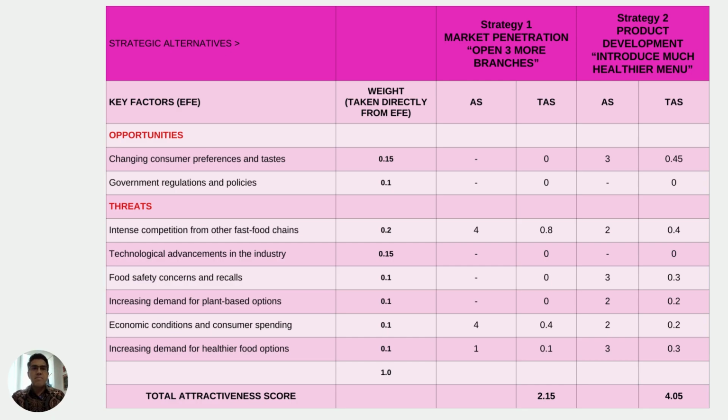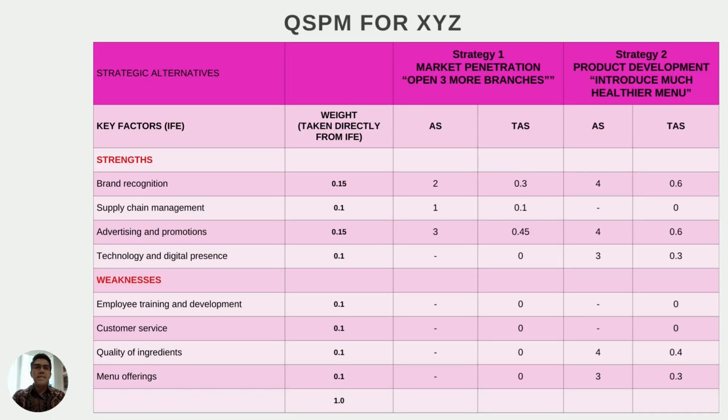So the third step is for you to identify or determine your strategic alternatives. In the previous topic, IE matrix, we have come to the conclusion that the organization should pursue either a market penetration or a product development strategy. So we may want to suggest actionable strategies that the organization should take.